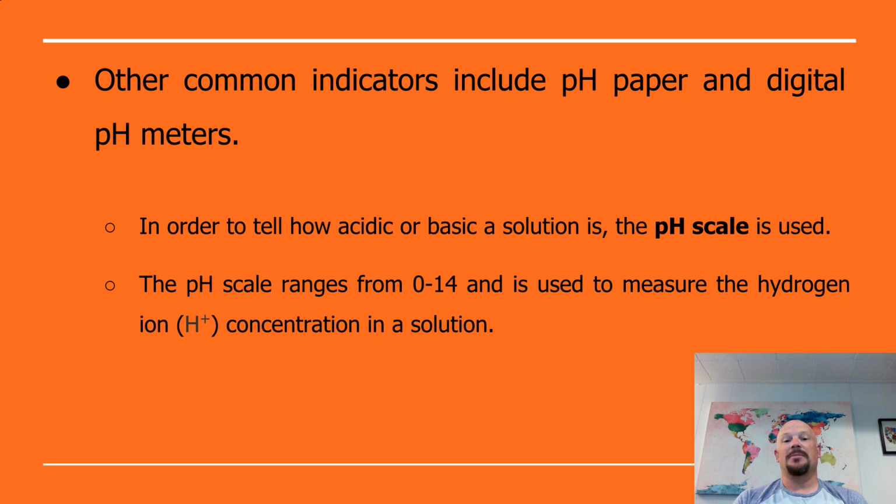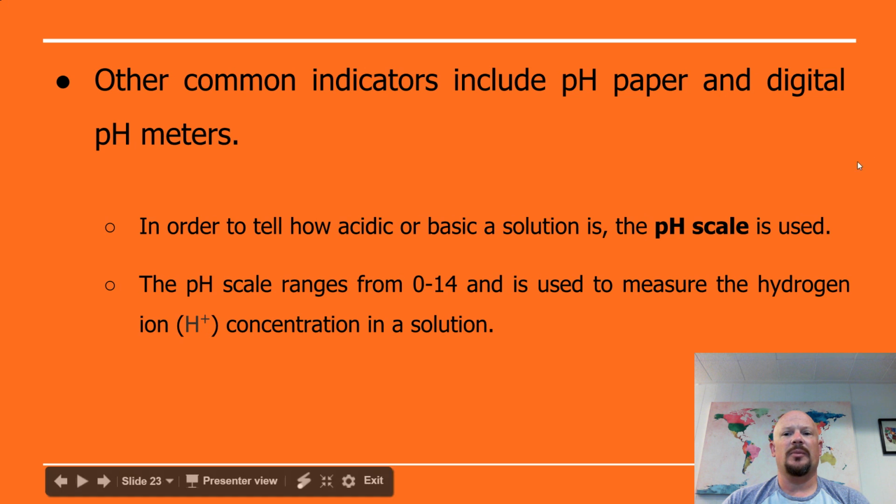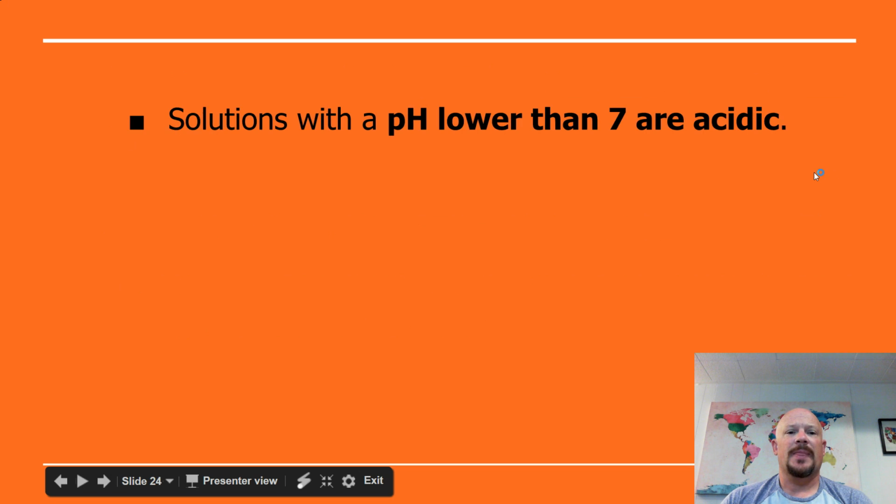And so that means it's measuring really how acidic it is, but that also tells us how basic it is too if it doesn't have those hydrogen ions. And so it'll be a color scale that you use, different shades of each color, and gives you an idea of what that solution is.